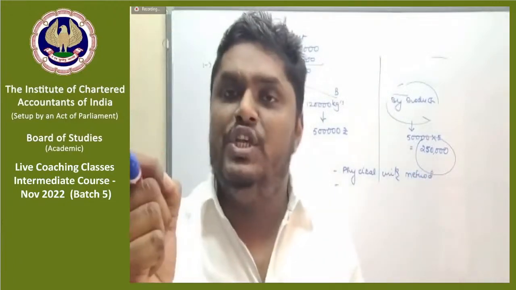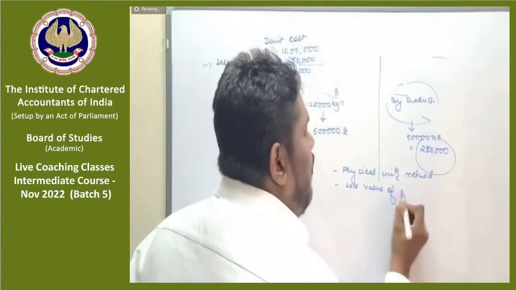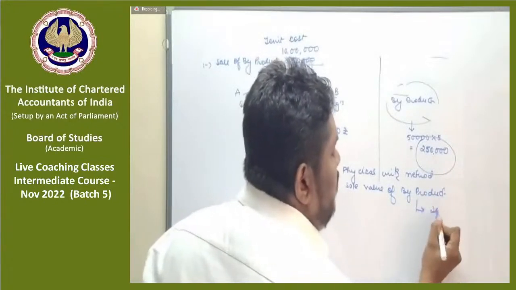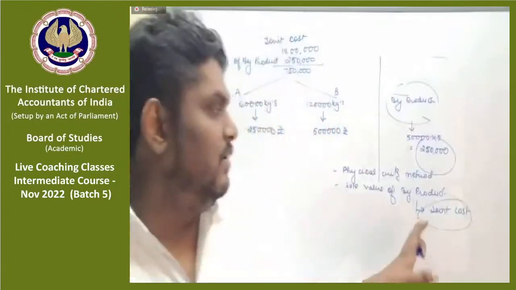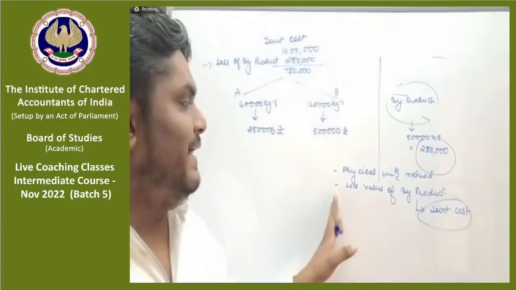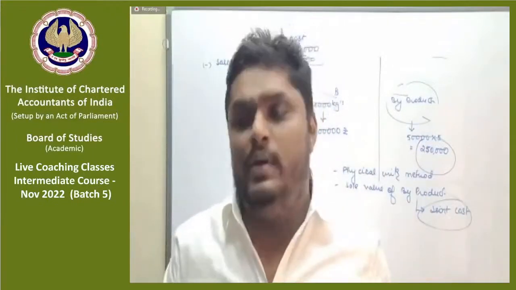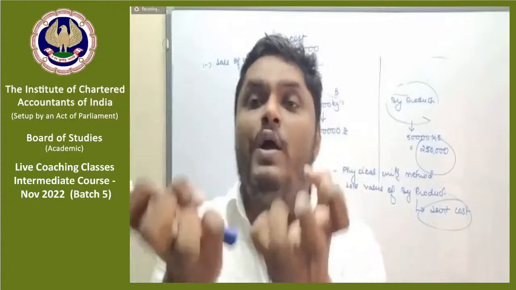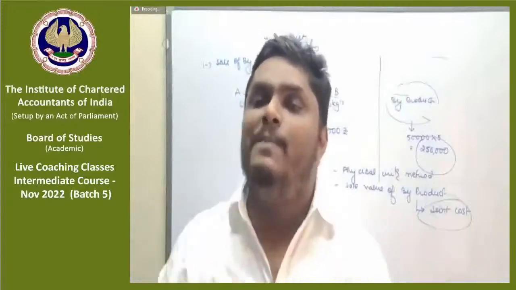Second, the question is asking us to deduct the sale value of byproduct from the joint cost, and whatever the balance joint cost is, that is to be distributed in the ratio of physical units. Rest all, follow the concept of Kabir Das ji: always focus on what the question is asking and what data is needed. That's it. Rest all data is completely irrelevant.